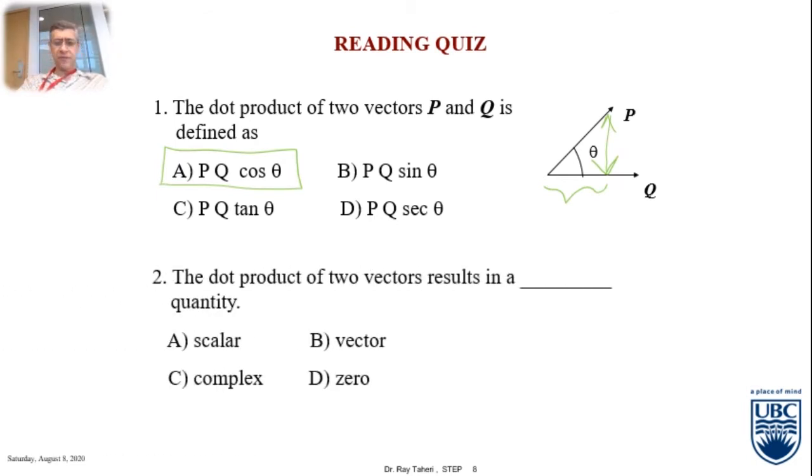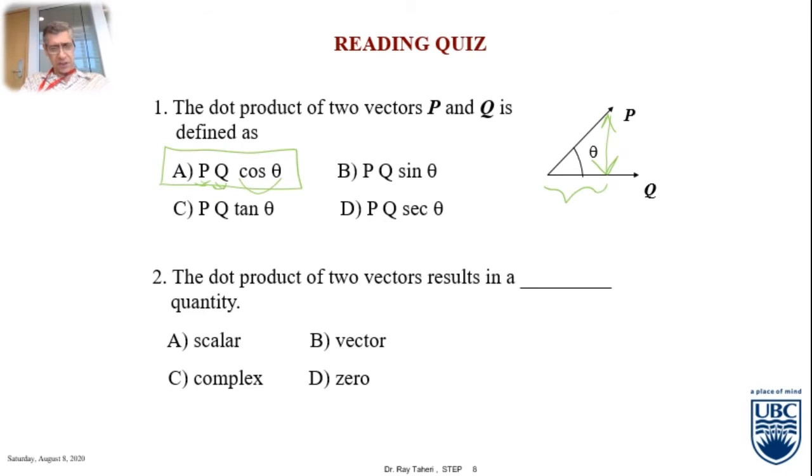Next, the dot product of two vectors, what is it? Is it a scalar? Is it a vector? Is it a complex answer, or is it zero? It could be zero, but not all the time. So obviously, let's go back to the definition. A magnitude, which is a scalar, multiplied by another magnitude, which is a scalar.